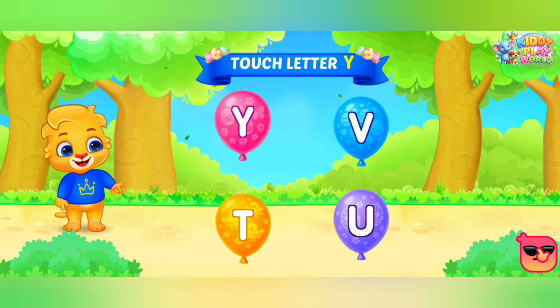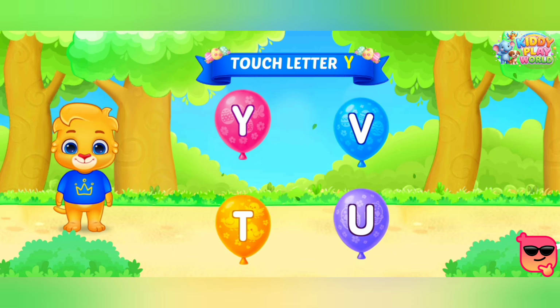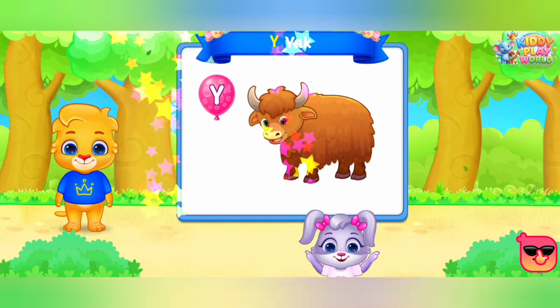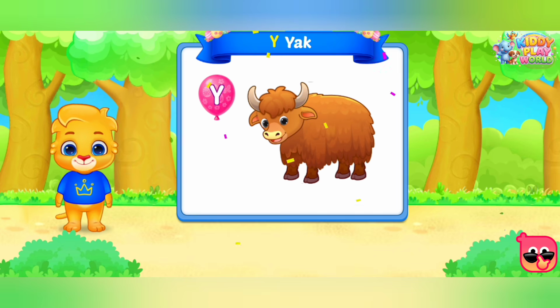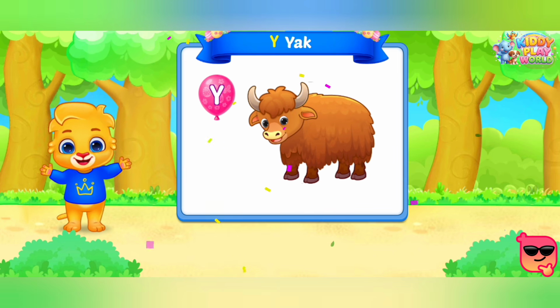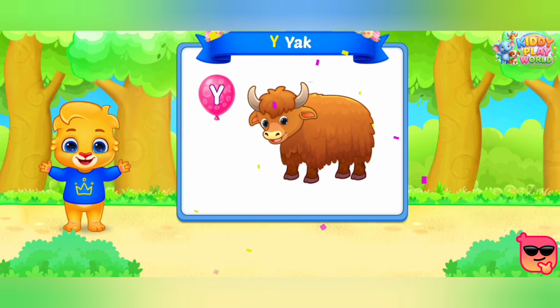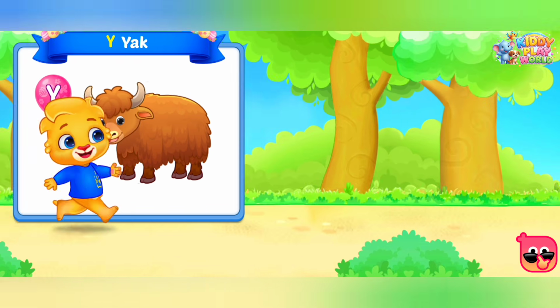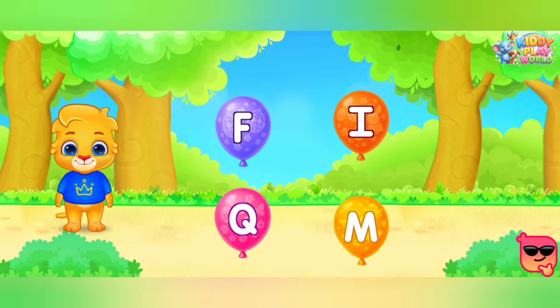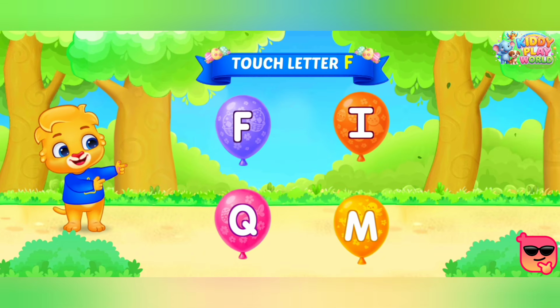Touch letter. Y. Y is for yak. Touch letter.